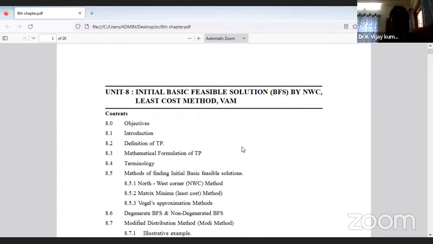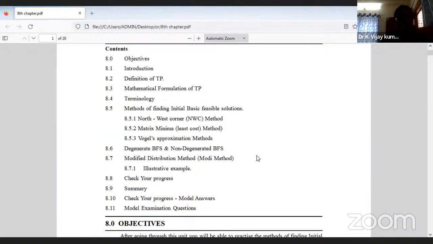So okay. Initial basic feasible solutions is a very important unit: the northwest corner method, least cost method, Vogel's approximation method. Very important units. You have to learn the terminology here: definition of TP, mathematical formulation of TP, terminology, northwest corner method, matrix minima method and least cost method, both are the same.